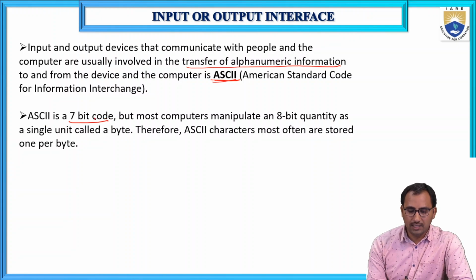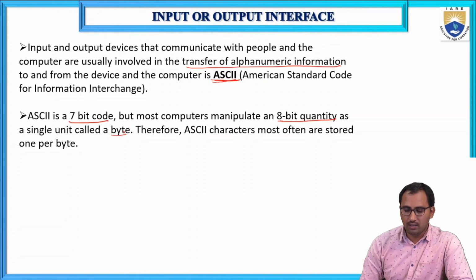But most computers manipulate an 8-bit quantity as a single unit called a byte. So the 8-bit quantity is considered 1 byte of information. Therefore, ASCII characters most often are stored 1 per byte.